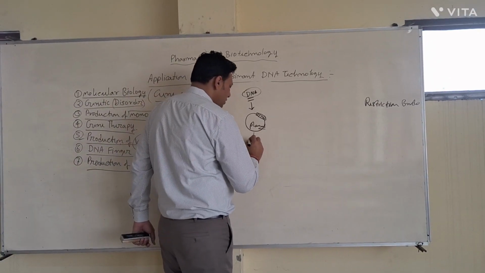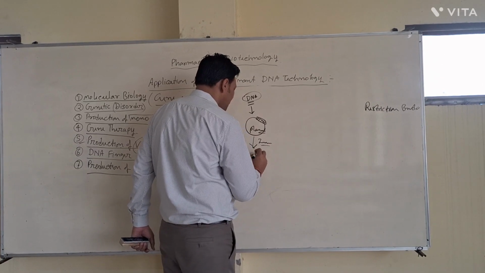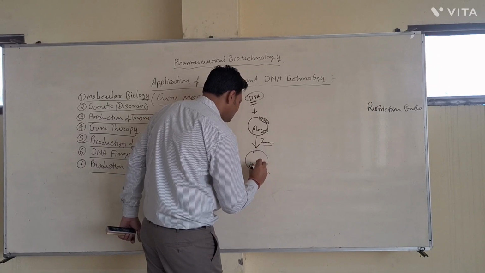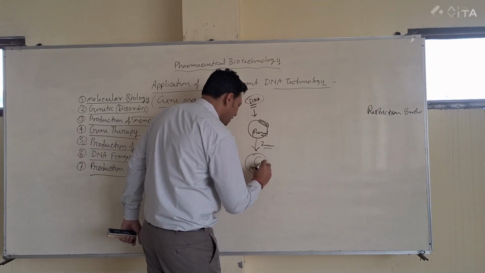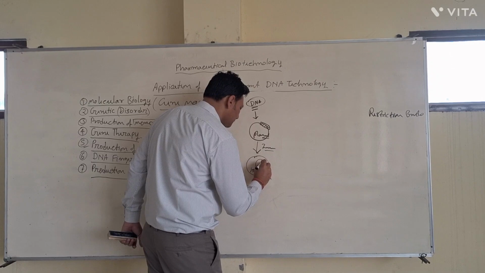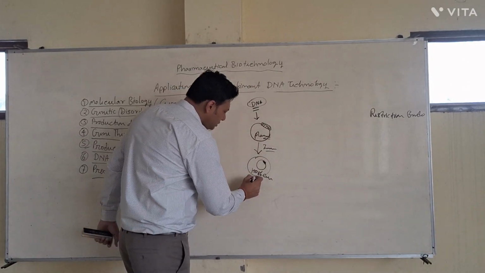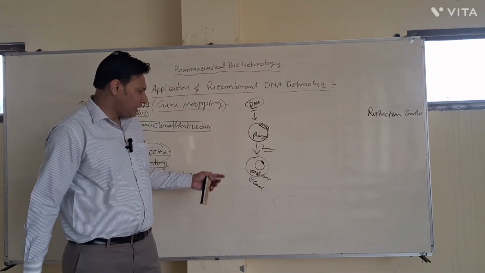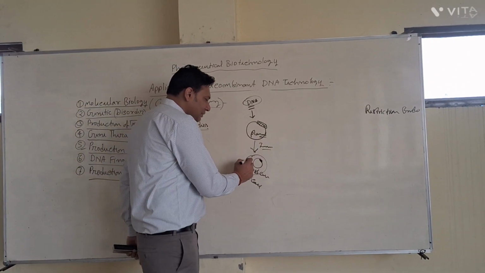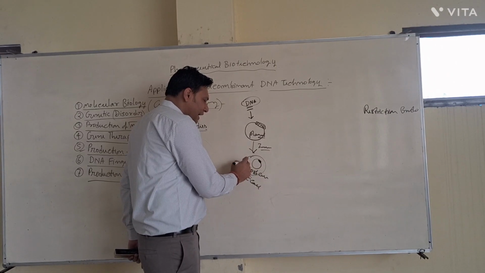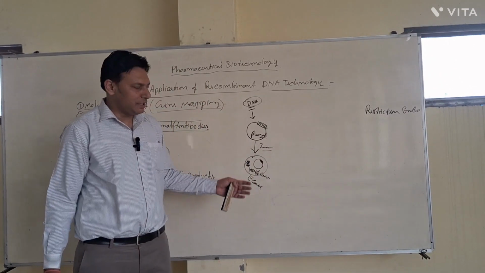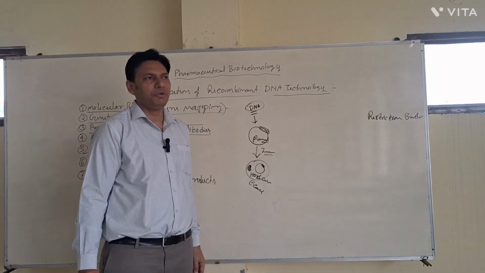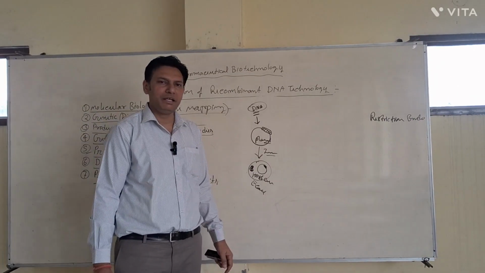So this plasmid will be introduced into the host cell. Here the host cell may be E. coli. In this host cell, there will be sufficient protein synthesis, and with the help of this protein synthesis, the multiplication of this DNA is possible. So this was the brief introduction of recombinant DNA technology.